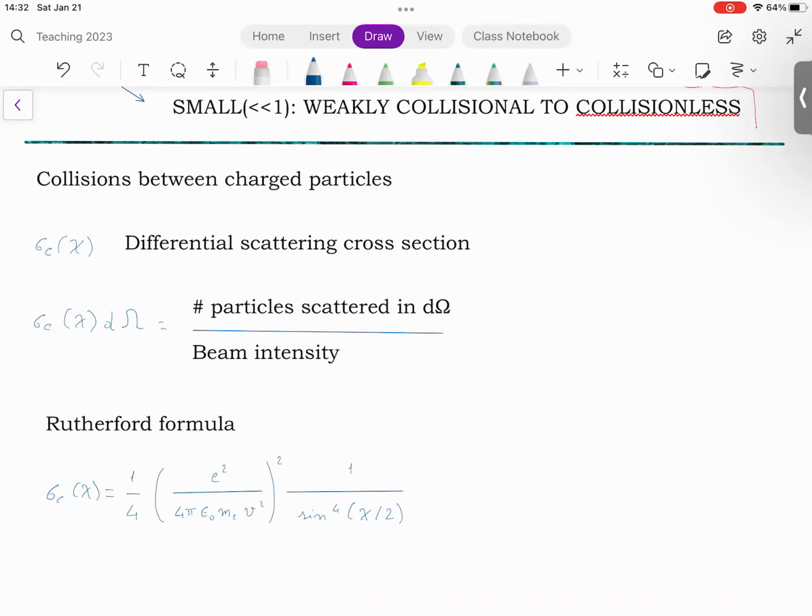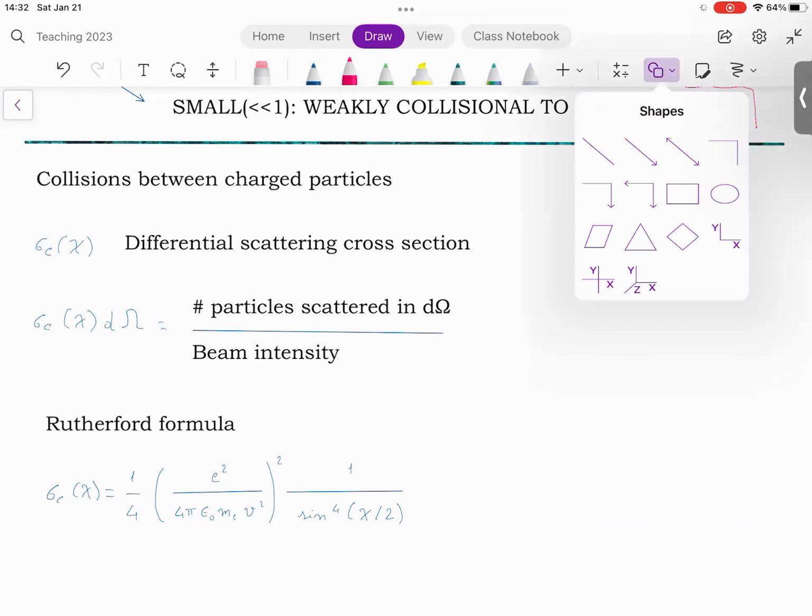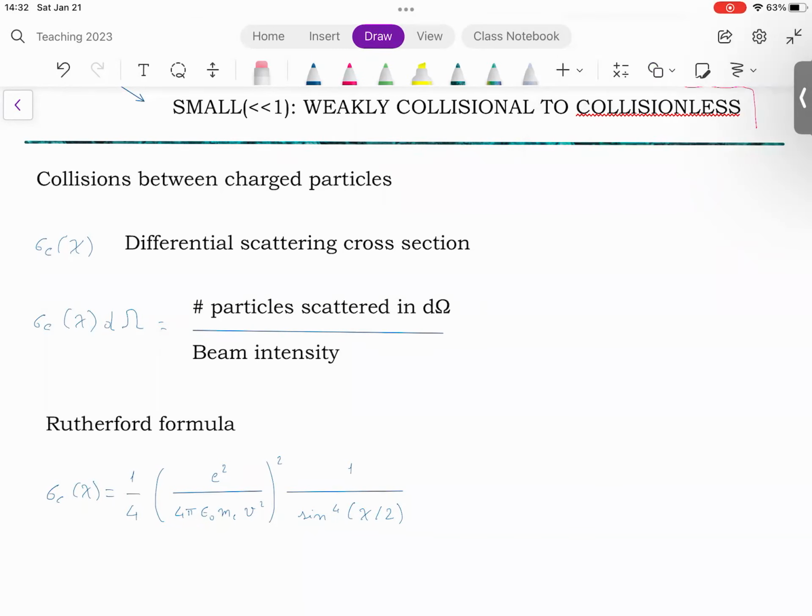Now, you will notice that there is a stark difference with respect to what we had before for collisions with neutrals. In this case, the probability of colliding decreases as the temperature increases.